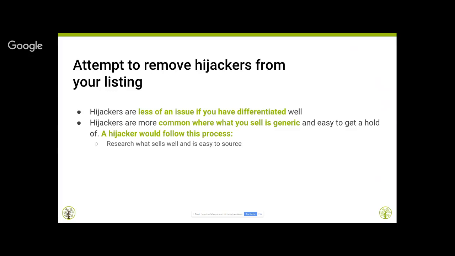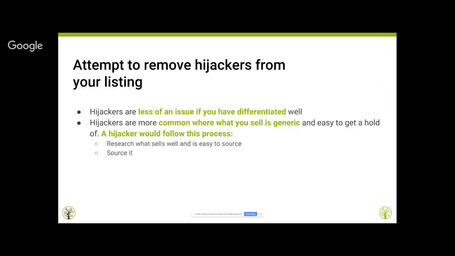So the first thing is they look for what sells well, and in part, what's ranking well, what listings can they list on. And then part of that is they're going to look at, is it easy to source? So is it easy for them to just get their hands on that, click, have one to sell on that listing and join up on your listing?